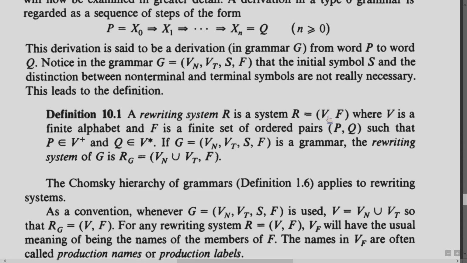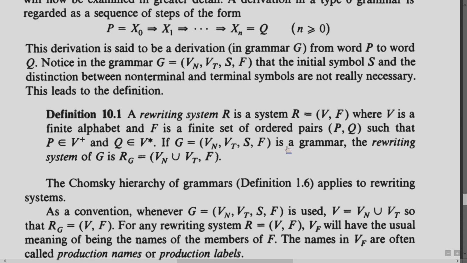Vn contains non-terminals, Vt contains terminals, and after uniting these two sets we get V. So V is a set of symbols, irrespective of being terminal or non-terminal, and F is the set of productions. The combination of these two components gives you the rewriting system.